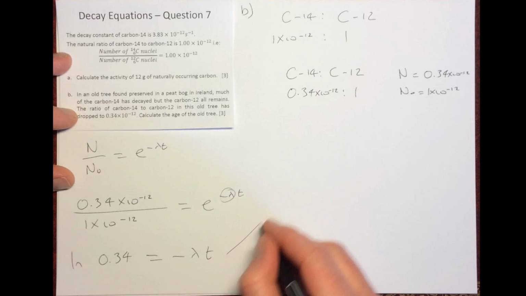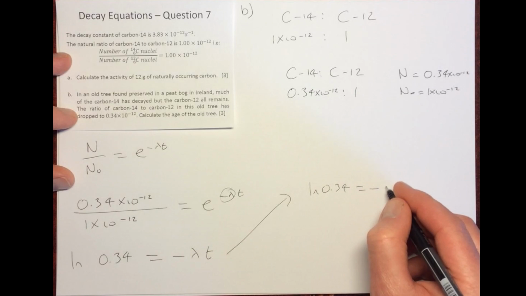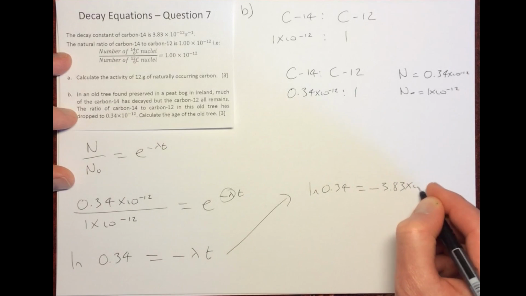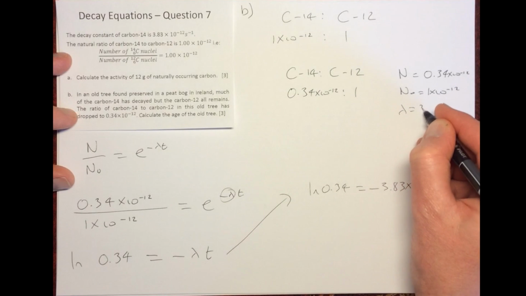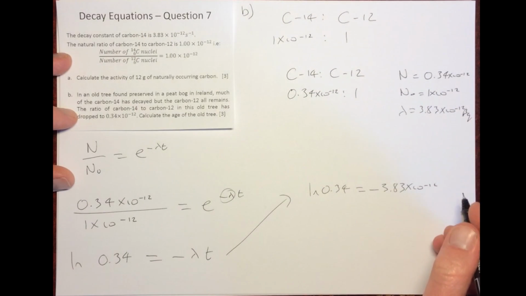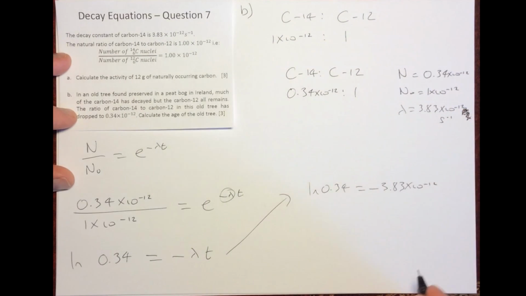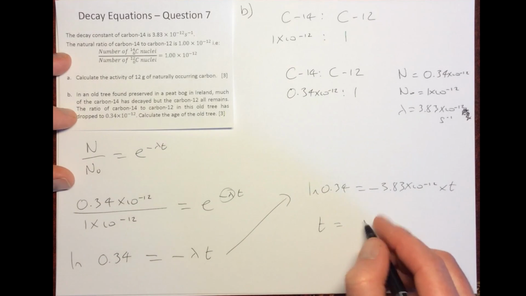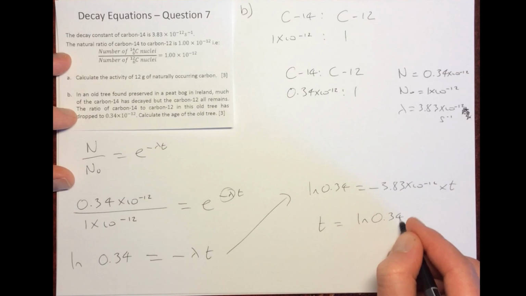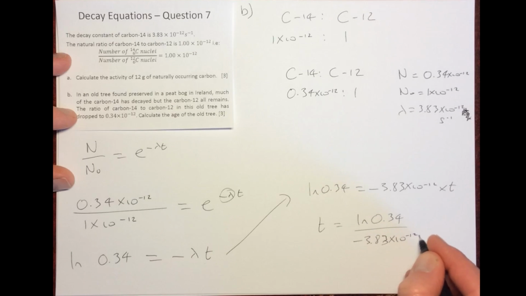So therefore we can then go up here and say this. ln 0.34 is equal to minus 3.83 times 10 to the minus 12, because that's the decay constant. Okay, sorry, not becquerels, should be seconds to the minus 1. So it's 3.83 times 10 to the minus 12 multiplied by t, and therefore t is going to be equal to ln 0.34 over minus 3.83 times 10 to the minus 12.